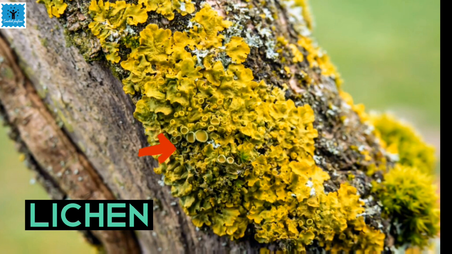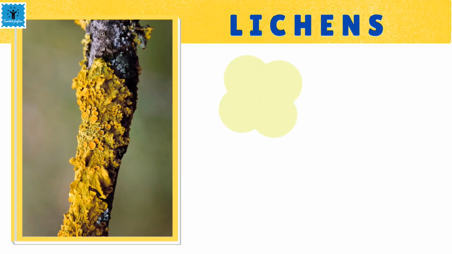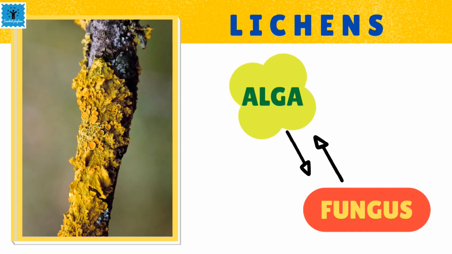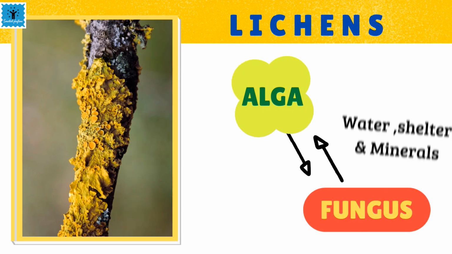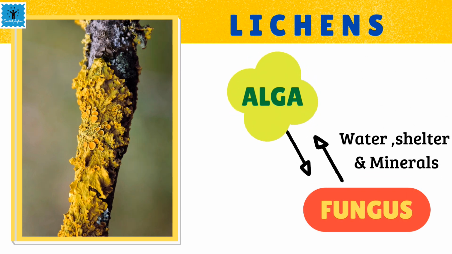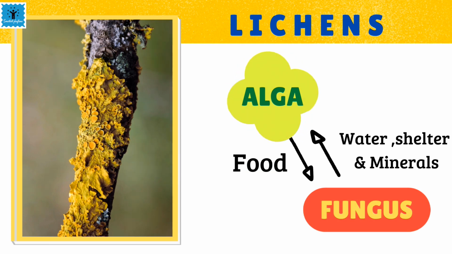For example, an organism called lichens is a relationship between an alga and a fungus. They live together. Fungus provides water, minerals, and shelter to alga. In return, alga, which is green in color and contain chlorophyll, prepare and provide food to the fungus.